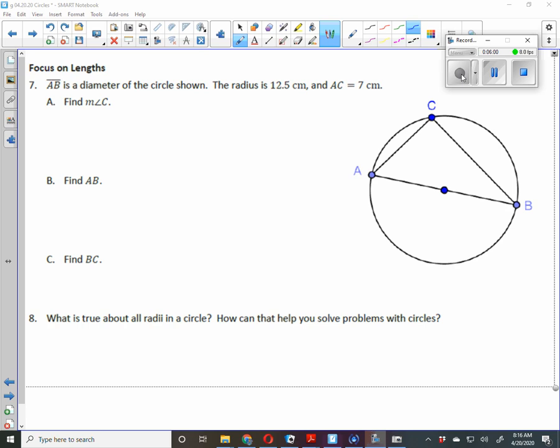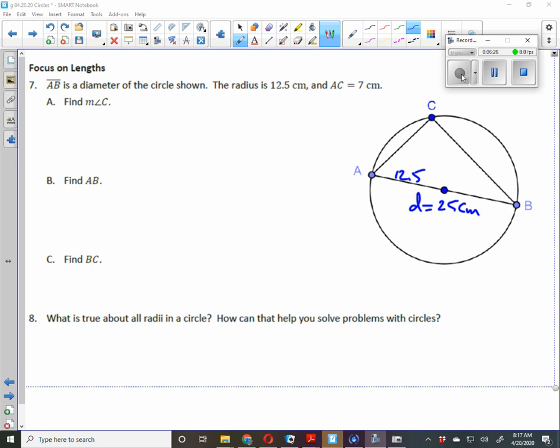All right, so let's take a look at a couple problems. AB is a diameter of the circle shown. The radius is 12.5, so we know right away that if the radius is 12.5, then the diameter equals 25 centimeters.